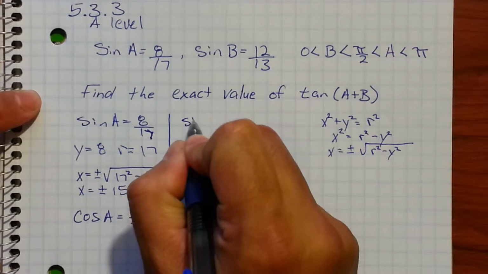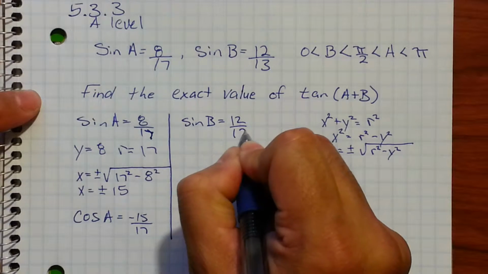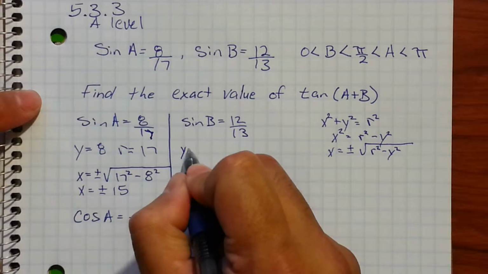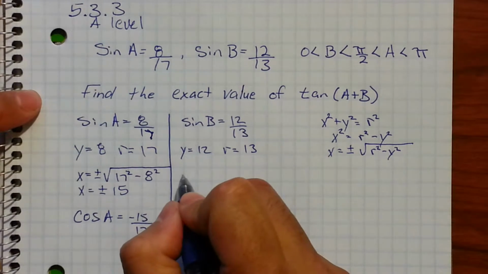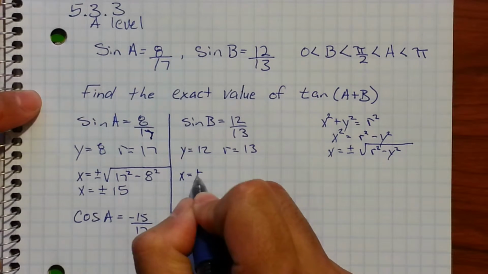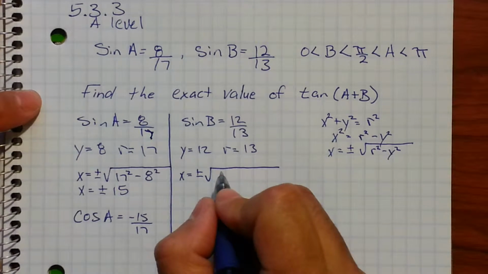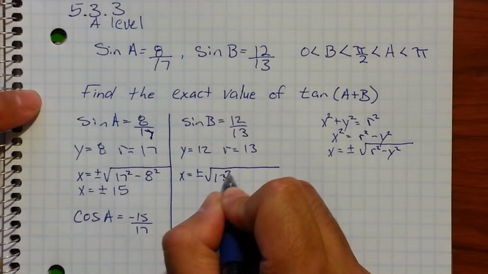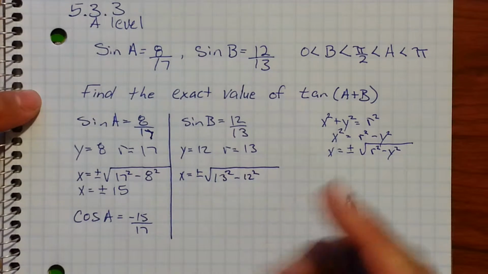So sine B is equal to 12 over 13. Y is 12, r is 13. So x is equal to plus or minus the square root of, same thing, 13 squared minus 12 squared, so that's going to give me 25.